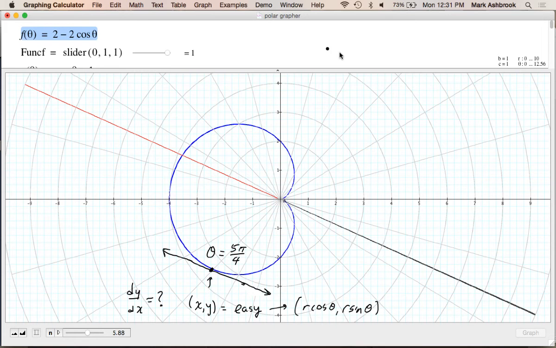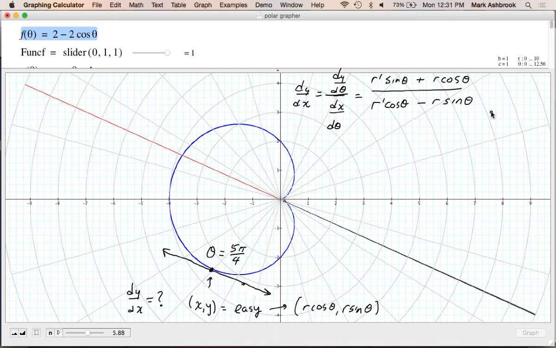So what are we going to divide, Allison? That's it? And dy d theta was r prime sine theta plus r cosine theta, over r prime cosine theta minus r sine theta.